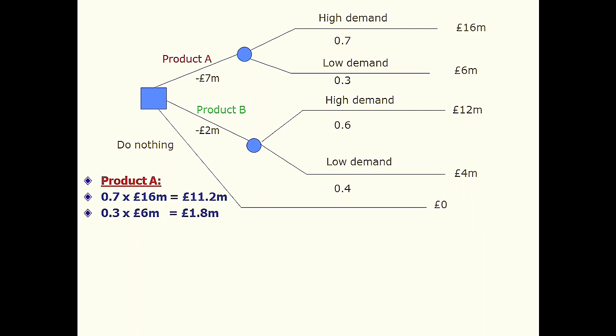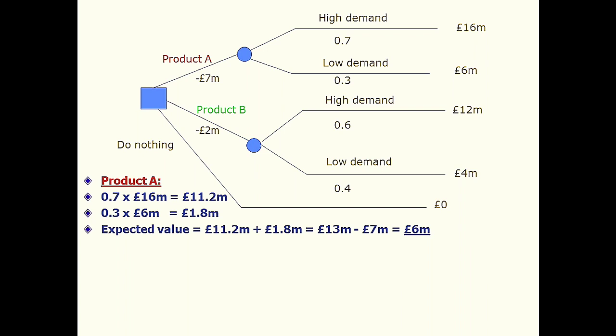We add both of them up to calculate the expected value, and then we deduct the 7 million initial cost. So 13 million minus 7 million gives us a value of 6 million. So the expected value for product A will be 6 million.